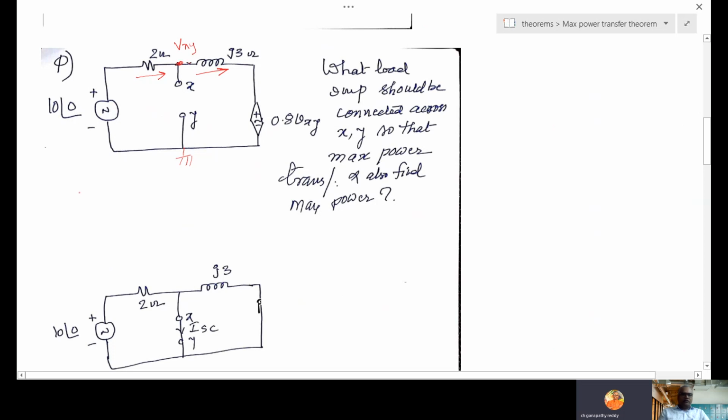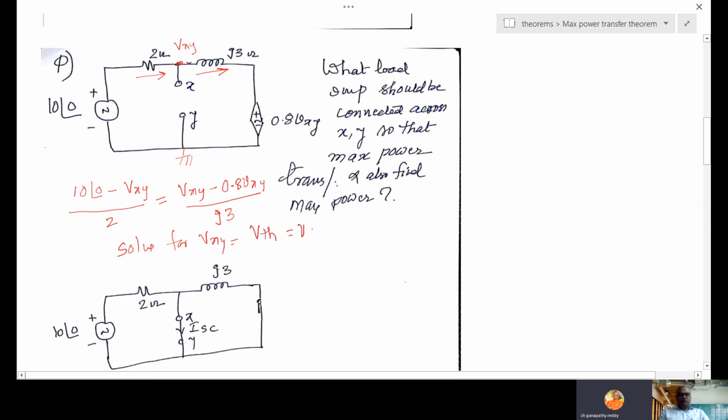So what is this current now? (10 angle 0 minus VXY) by 2 is equal to (VXY minus 0.8 VXY) by J3. Solve for VXY, which is nothing but V Thevenin.